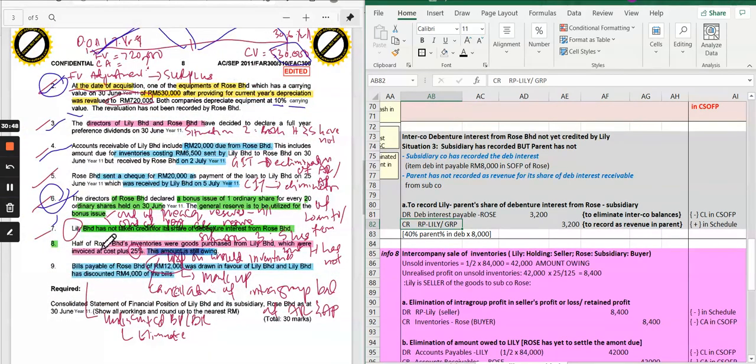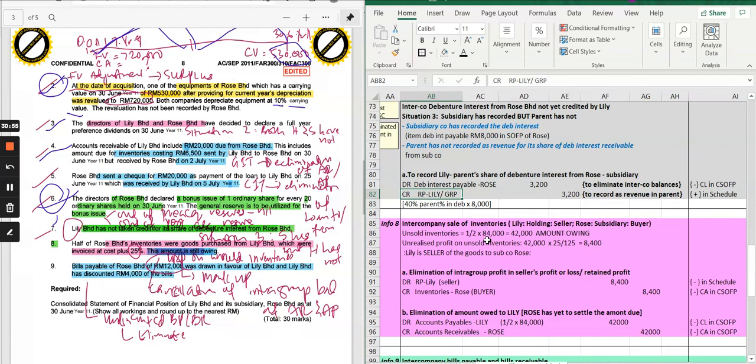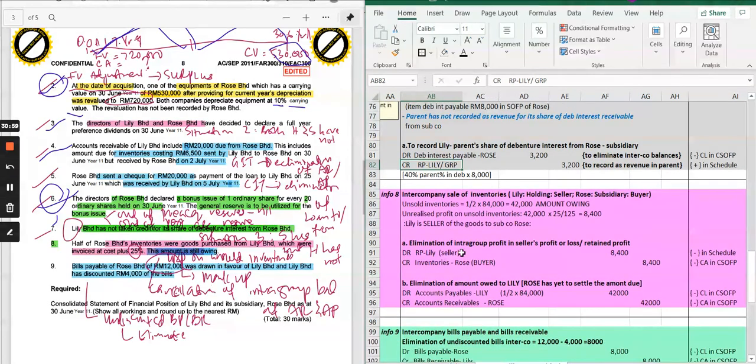Information number 8, we're almost done, is the inventories. You need to do two adjustments here, as I mentioned earlier. One is for the unrealized profit. Another one is to eliminate the amount owing to and from the subsidiary. So the unsold inventories was half. If you read the question, you are informed half of the Rose Berhad inventory.